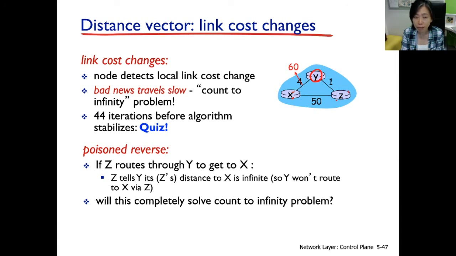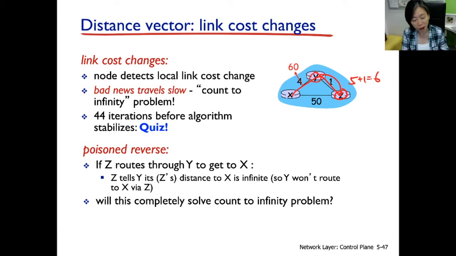Through neighbor x, the best distance from x to x is 0, trivial, but the link cost is suddenly 60 just to get from y to x. So together, the total cost is 60. Not very good. But the other neighbor z was still under the perception that the best route costs 5, and the link cost between y and z is only 1.